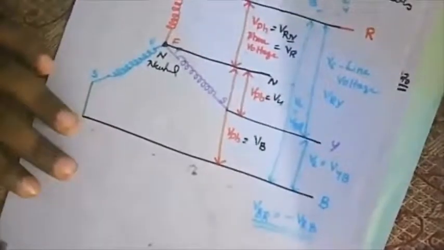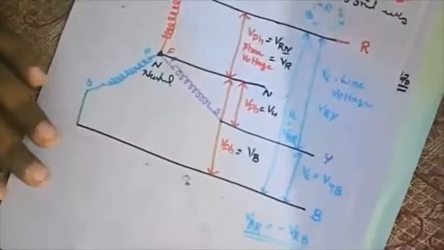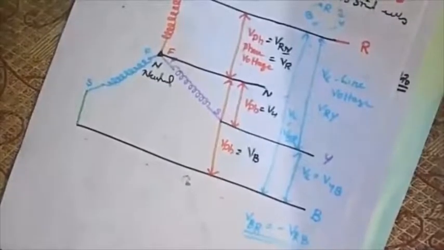Now, I want to draw the vector for this one. That is the vector for this star connection. Now, look here.